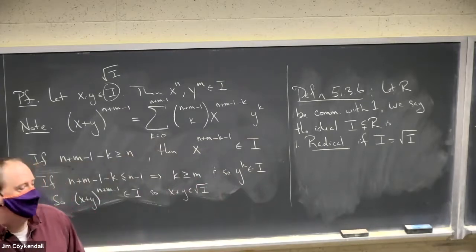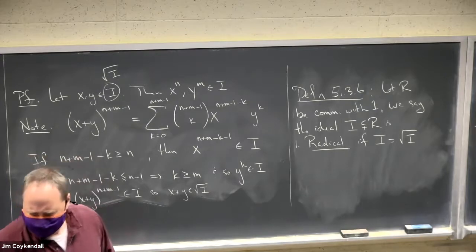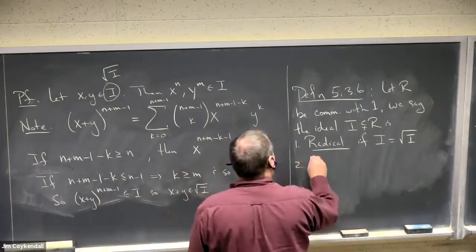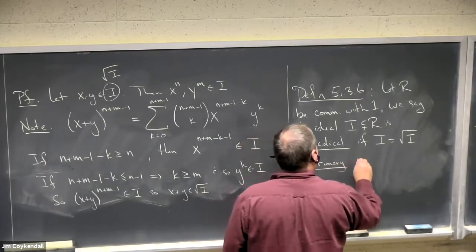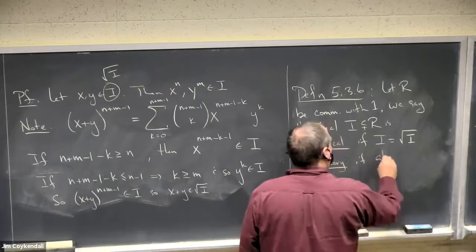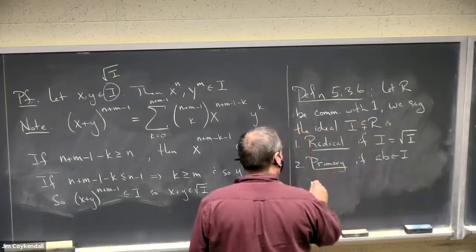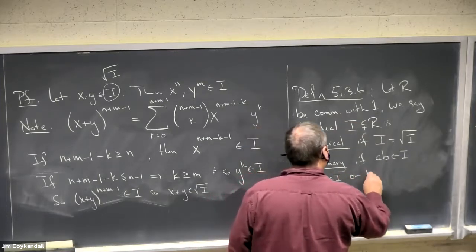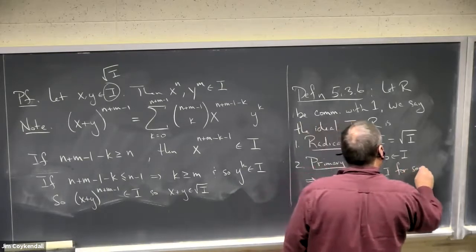So that is, it already contains everything that an nth power will put in there. And number 2, primary if ab in I implies a is in I, or b to the n is in I.